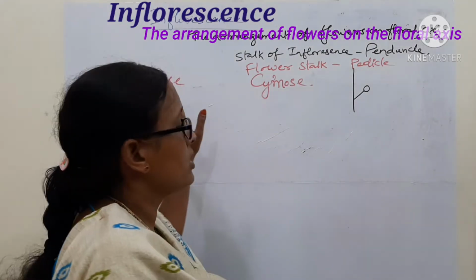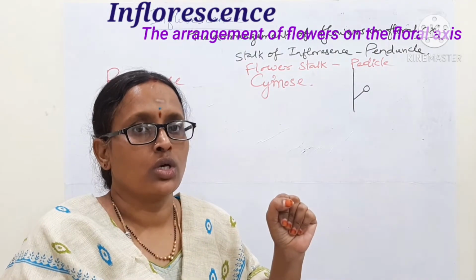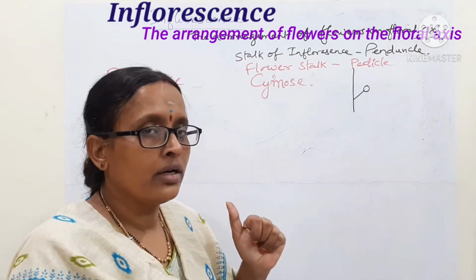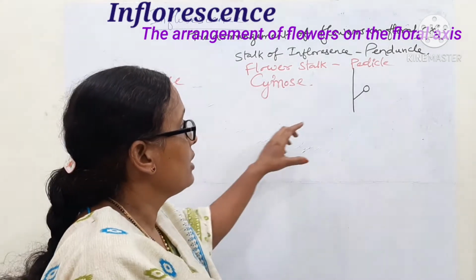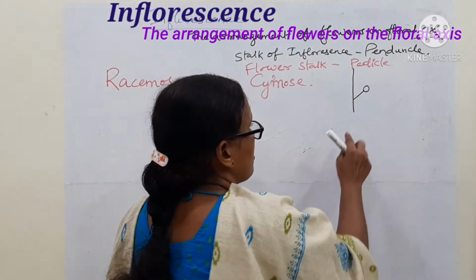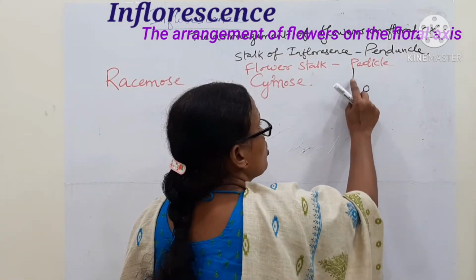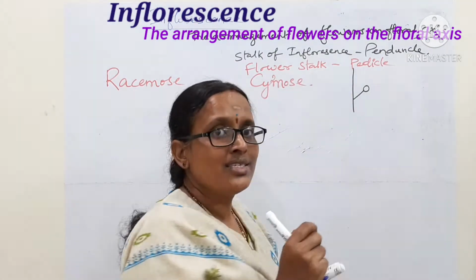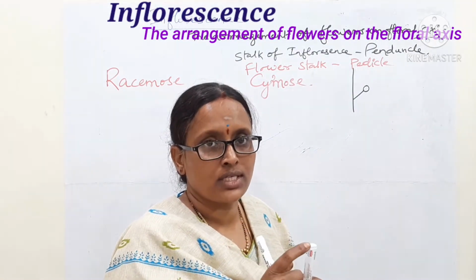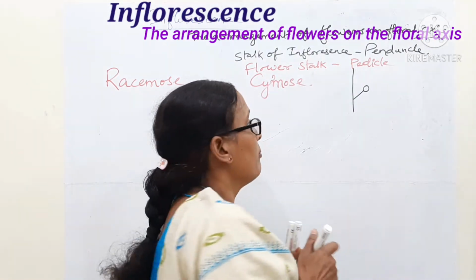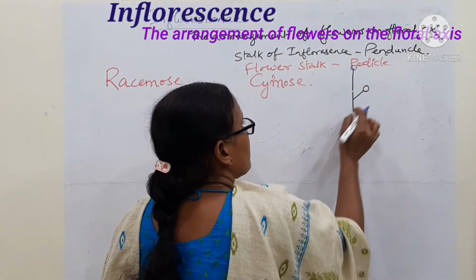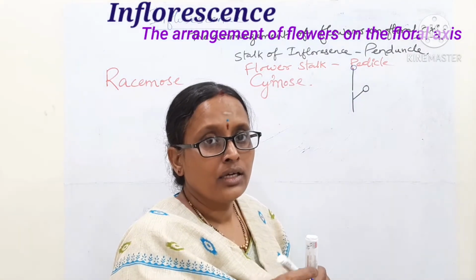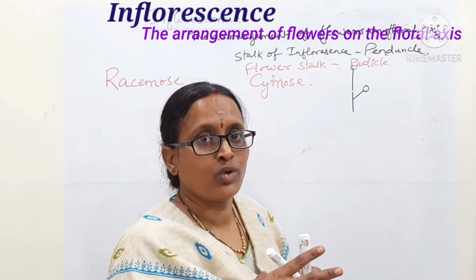If the peduncle grows continuously, that is racemose inflorescence. If the growth of the peduncle ends with a flower and the remaining flowers are formed on the axis, then it is called cymose inflorescence.